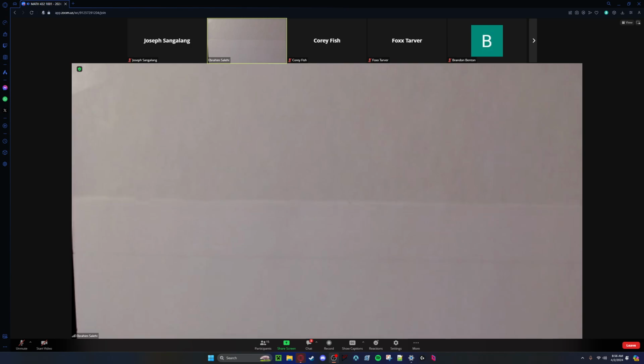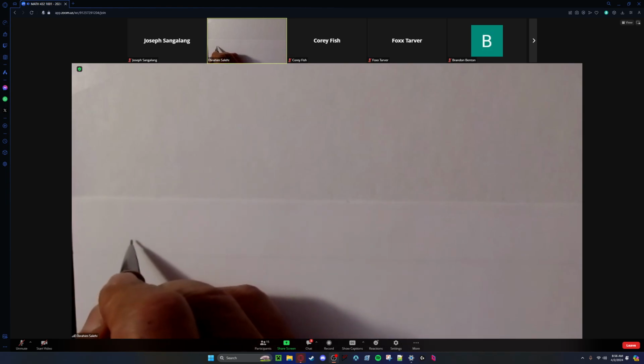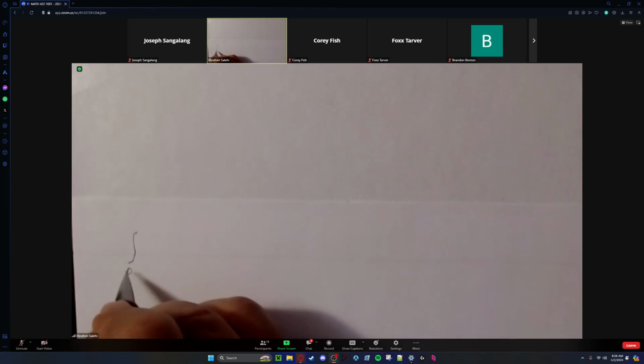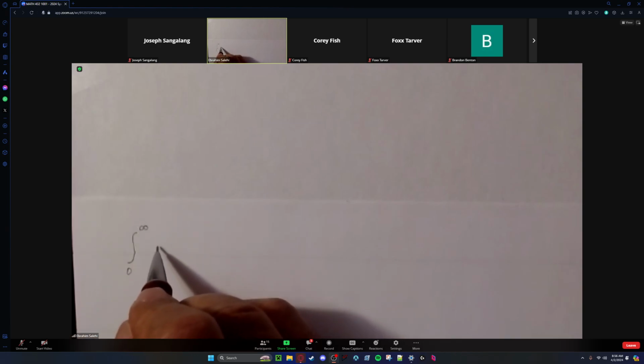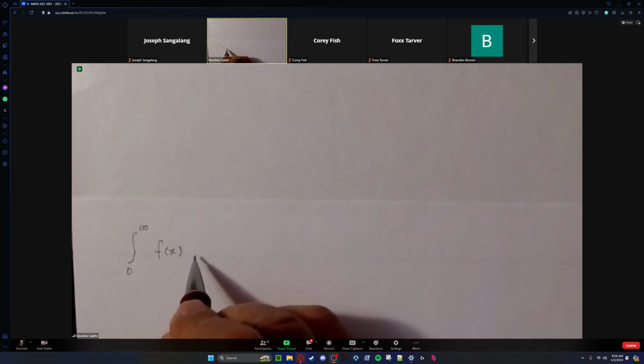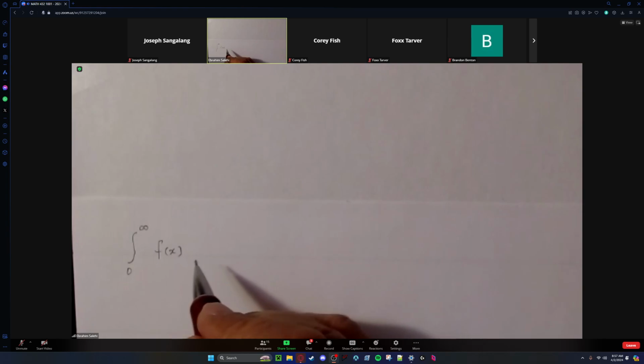What if you have something like this? Let's say 0 to infinity or negative infinity to infinity. We have both f of x and some sort of sine and cosine involved.